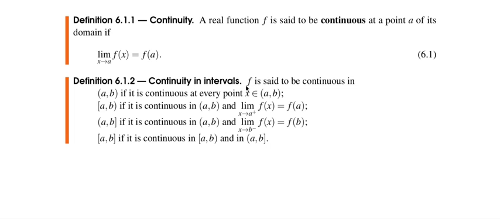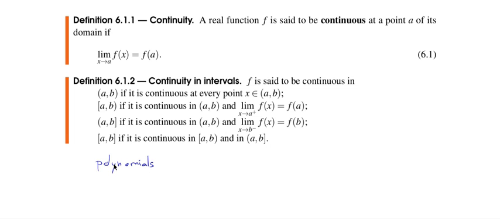So it could be that f is continuous in the open interval (a, b) if it's continuous at every point x in that interval, if that equality, the limit when x goes to a of f of x equals f of a, is valid for every point in this domain, right? And that's also true for all these different intervals, right?